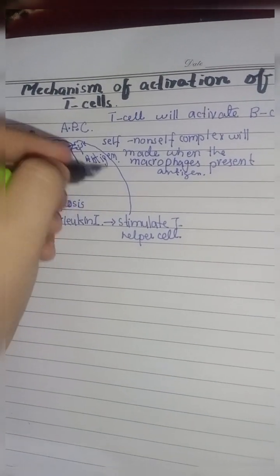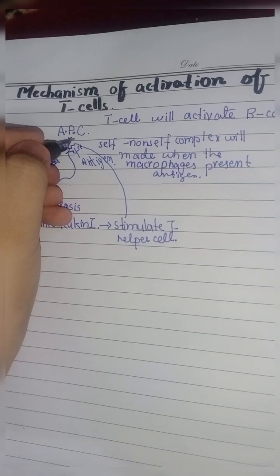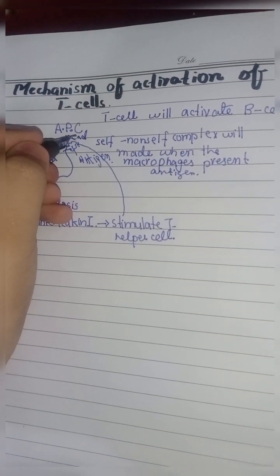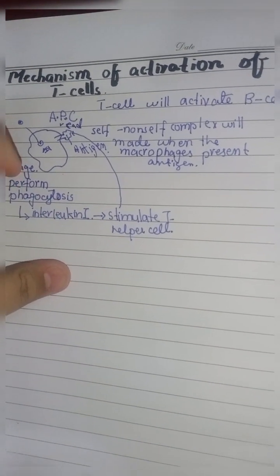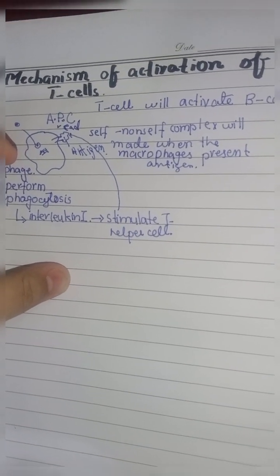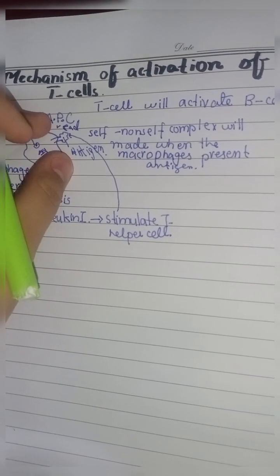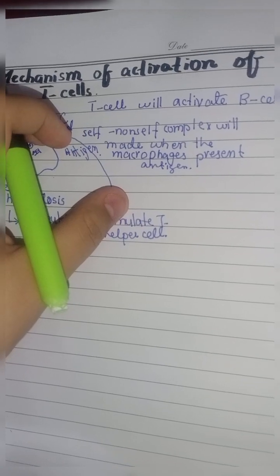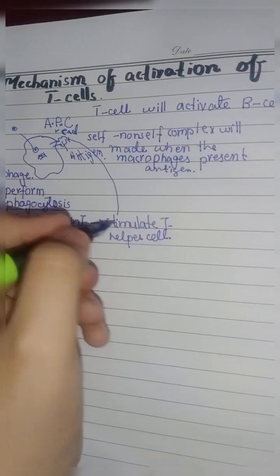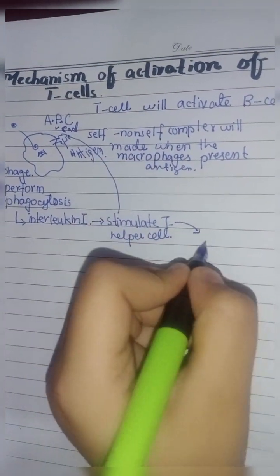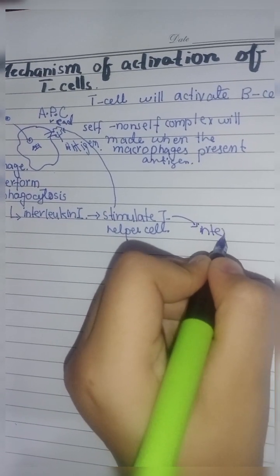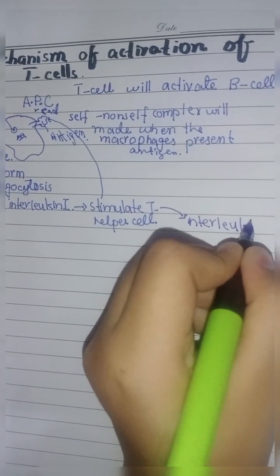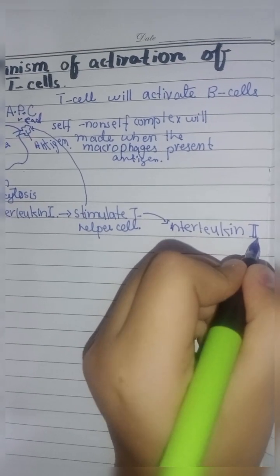Now with the help of receptors, the T helper cell went there and will read which type of antigen is present, so that they can make the antibodies easily. After reading that, the stimulated cell will release another chemical, that is interleukin 2.